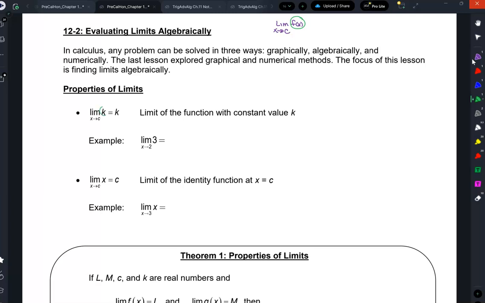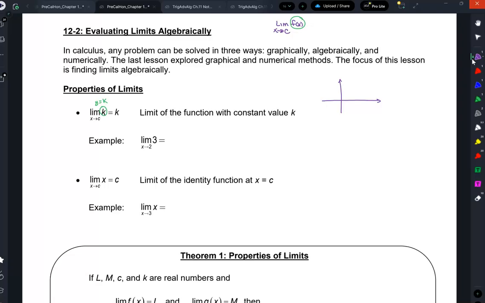So in this case, this is y equals k. Now, we know what y equals k looks like. What kind of line is it? It's a horizontal line. So if it's a horizontal line, what's the y value always? Whatever the thing is. So the limit as x approaches c of k is k.